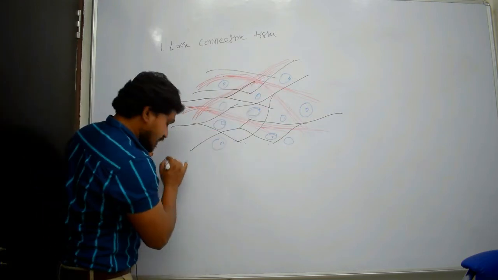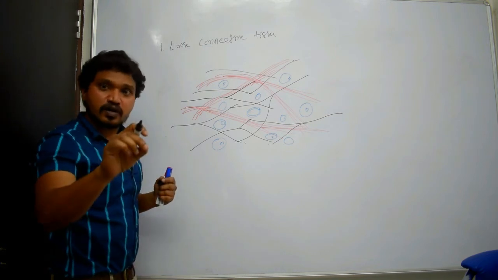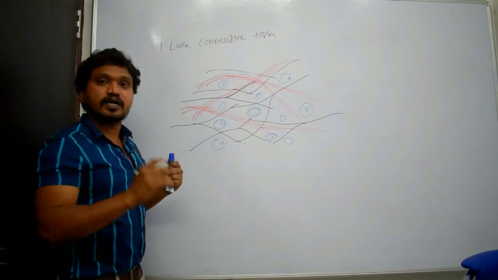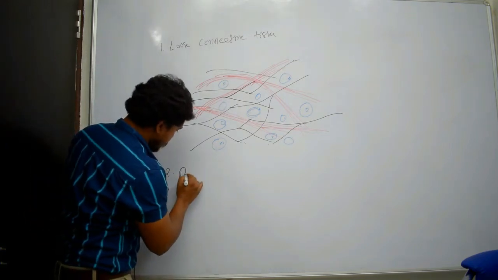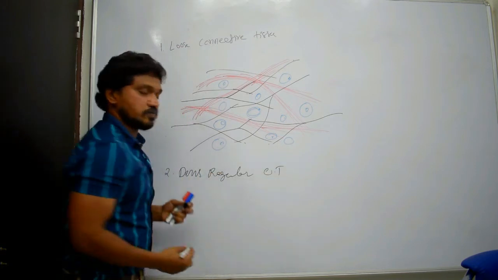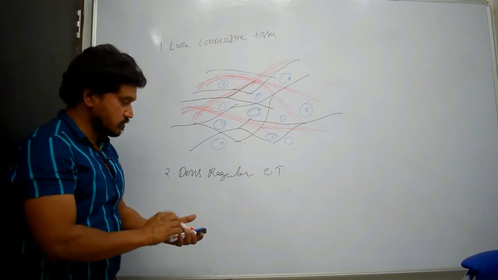Then dense connective tissue. Dense connective tissue will be further divided into regular and irregular. That means dense irregular connective tissue and dense regular connective tissue. If you take dense regular connective tissue first, abundant collagen fibers will be present.